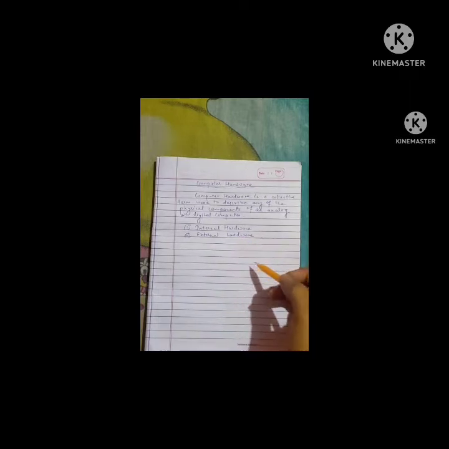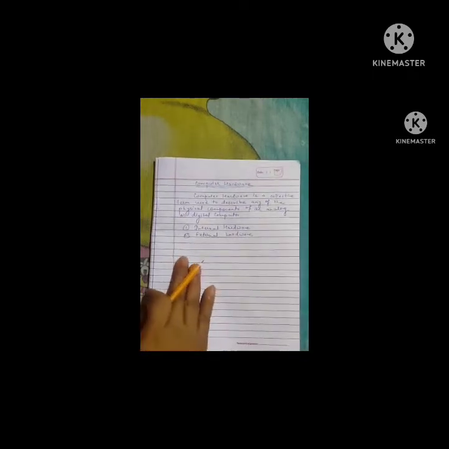Generally, the internal components are those that are necessary for the proper functioning of the computer, while the external hardware components are attached to the computer to add or enhance its functionality. Let's deal with it in detail.